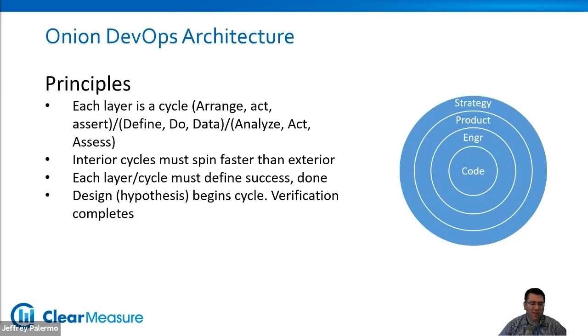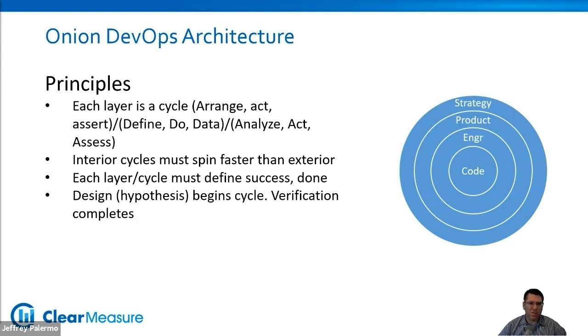And we've seen from 2001 to about 2010, 11, the definition of interior cycles with releases and then sprints from the Scrum methodology gaining popularity. And so the concept of a cycle isn't new, but the definition of how many cycles should there be and what do we do within each cycle.